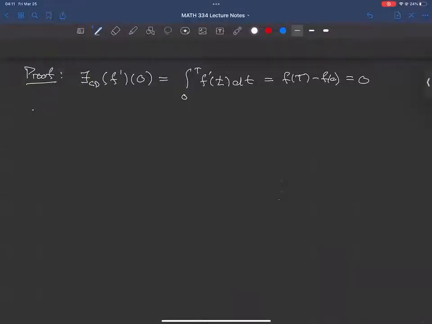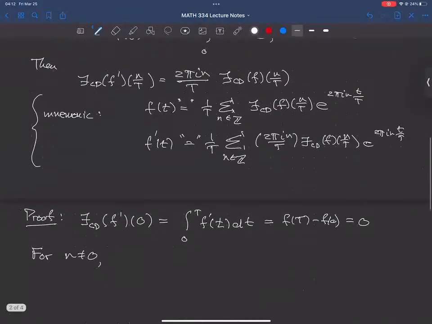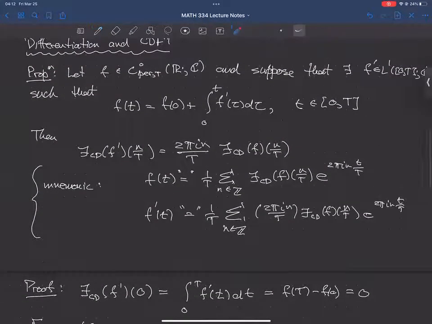Now for n not equal to 0, I'm going to invert this relationship. I'm not going to calculate the CDFT of f prime in terms of that of f. I'm going to do the opposite thing: I'm going to divide by that.